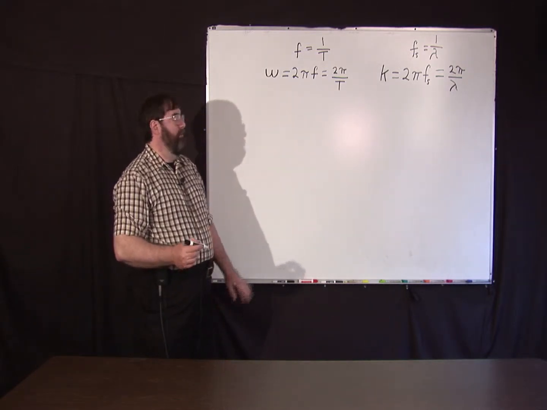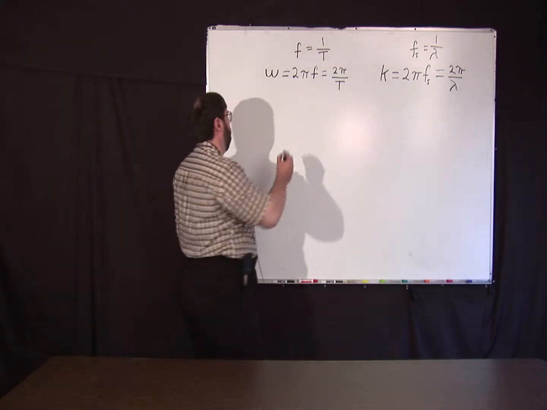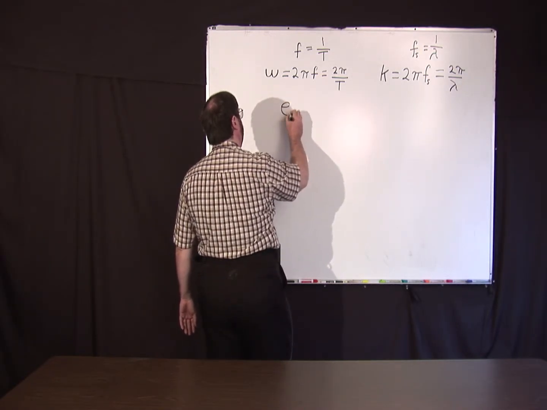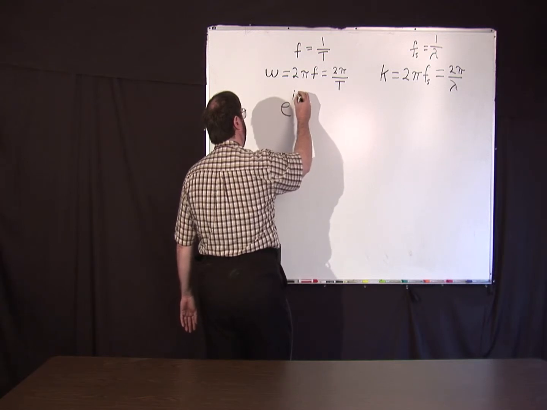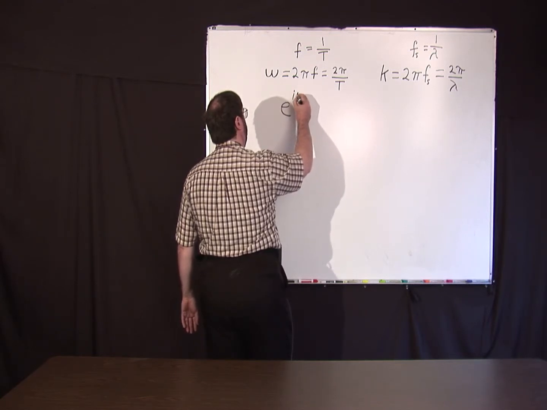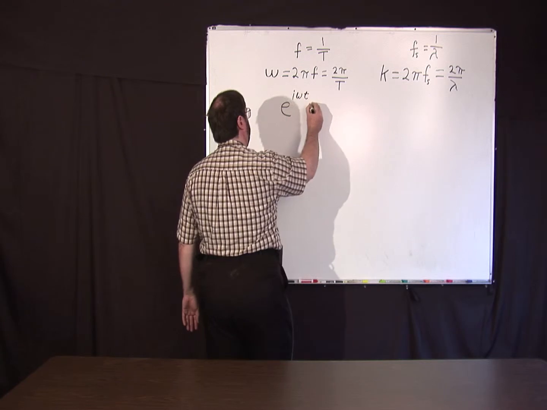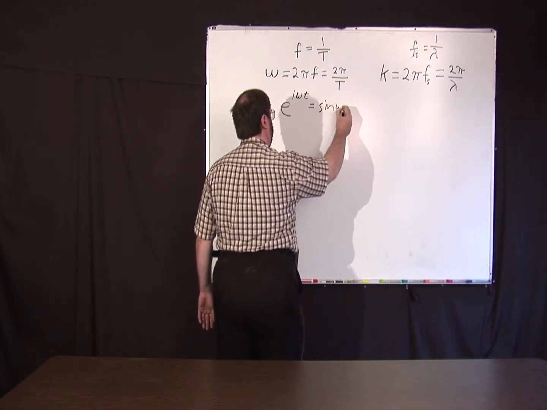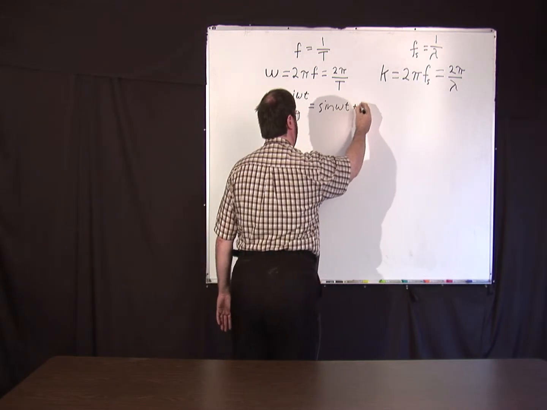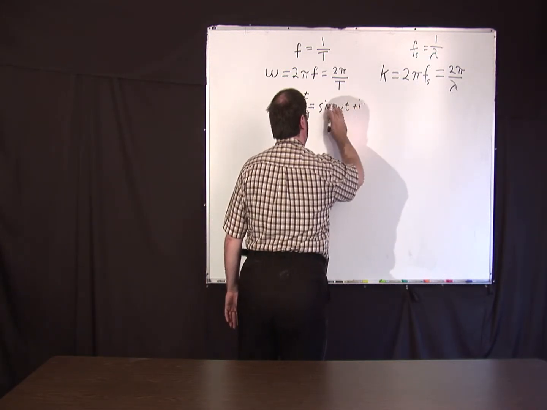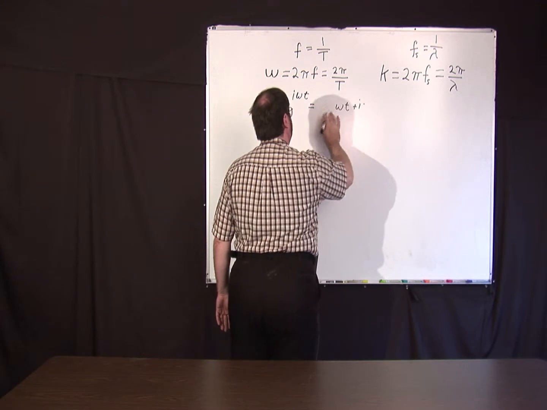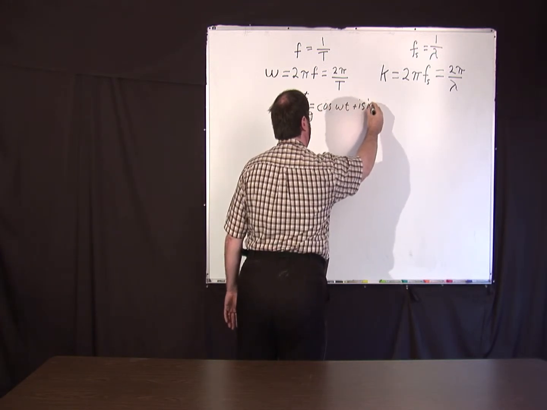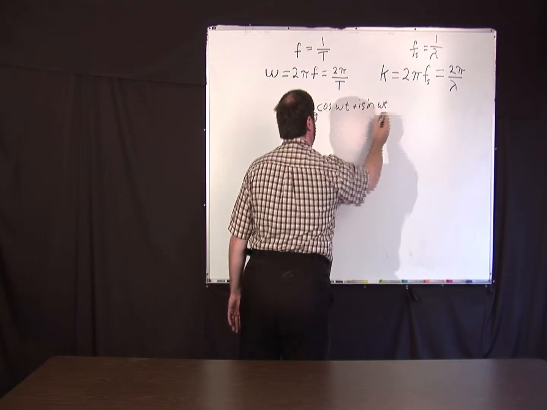And then we talked about sinusoidal waveforms. For this case, let's talk about e to the i omega t, which equals cosine omega t plus i sine omega t. This is another form of sinusoid.